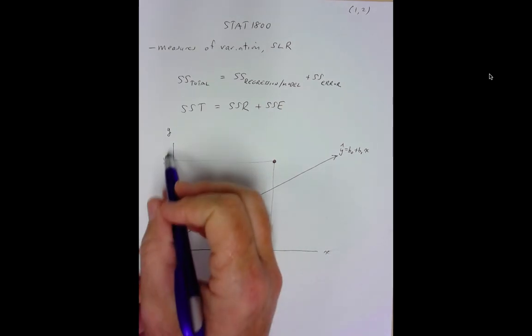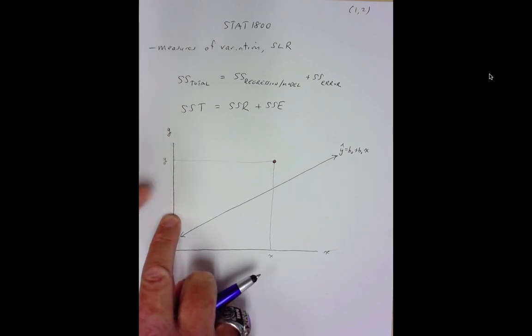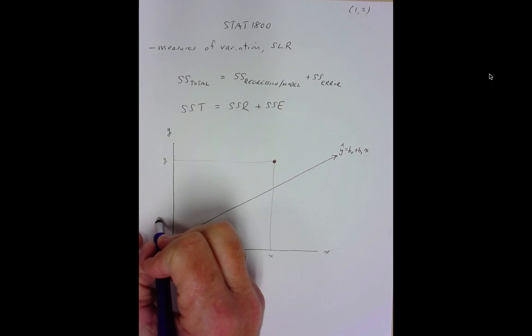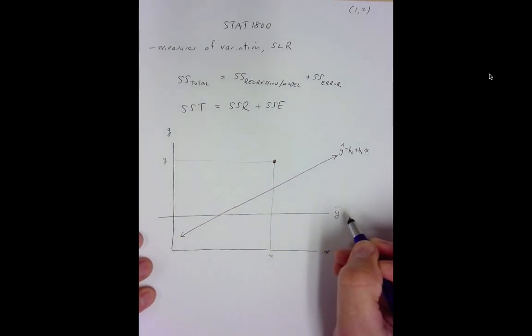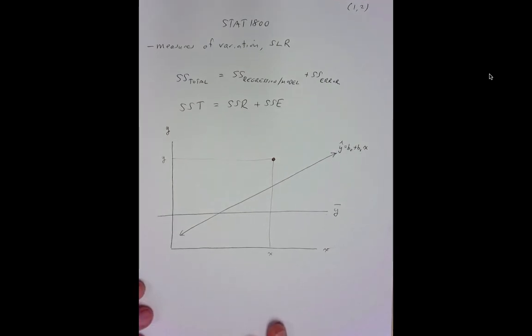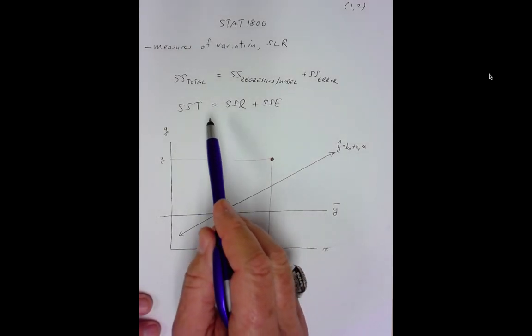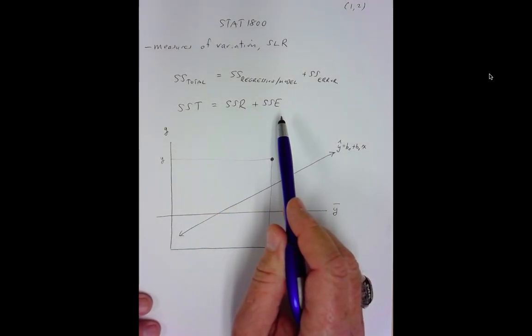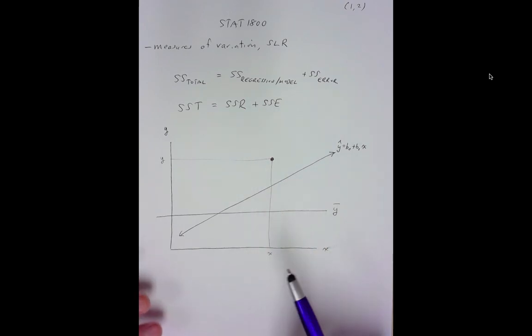Now, we've got these y values over here that range from the high to the low. We could come back to the center because we assume normality, and we could, without question, know that we have a mean y value. Well, guys, this illustration perfectly illustrates the sum of squares total, sum of squares regression, and sum of squares error.